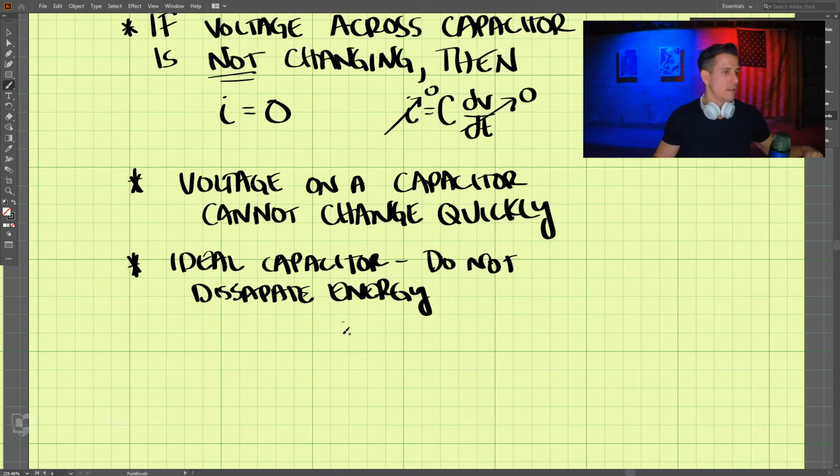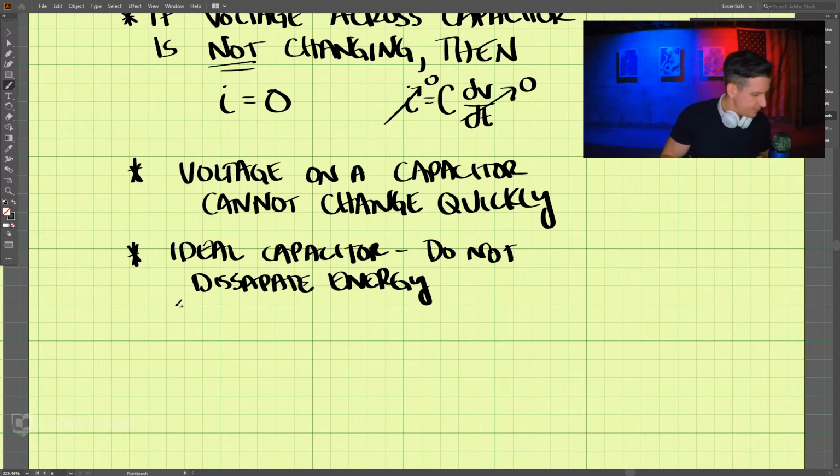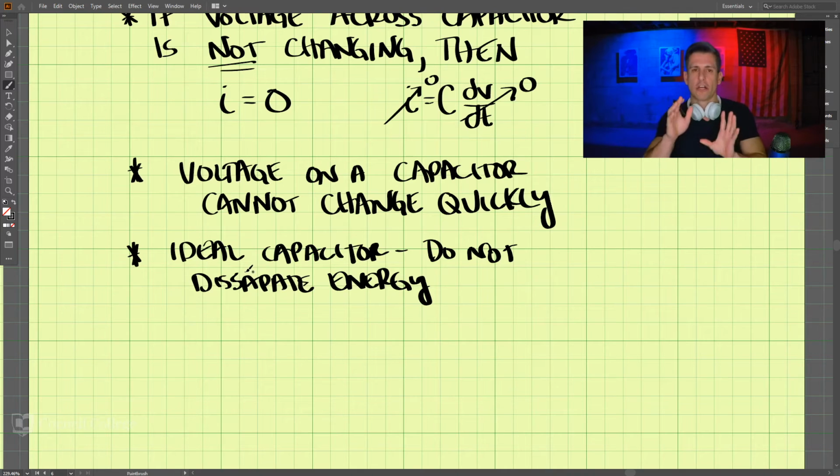And lastly, not all capacitors are perfect. Okay? So if you put a charge on a capacitor, take the voltage source off, you hope that the charge stays there forever and ever and ever.